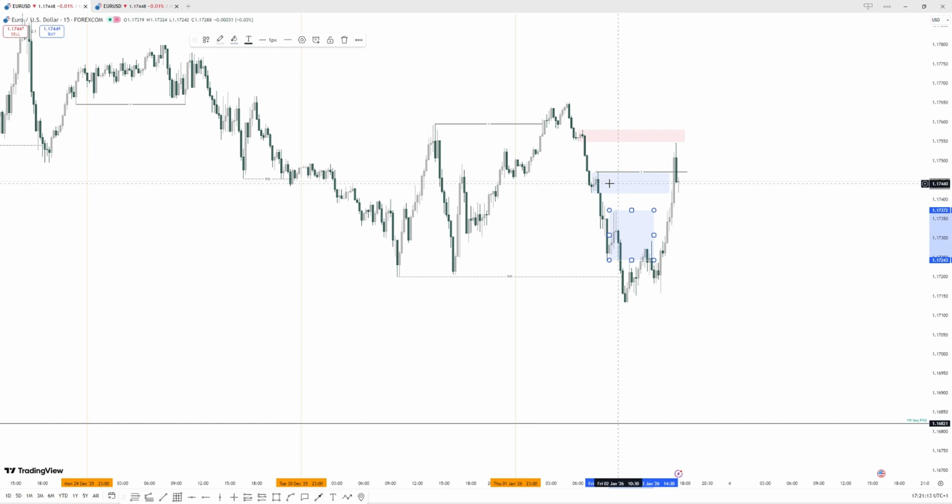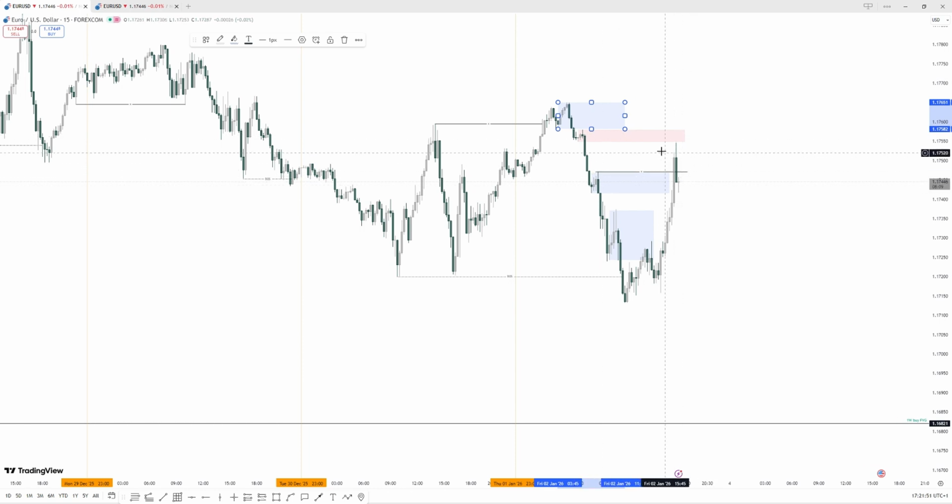So this second order flow, the one in the middle here, has not been mitigated, but it's serving as an inducement to this extreme order flow here. Now, there's another one, the most extreme order flow. Look at this one. But it has been mitigated by this very small pullback here. So this unmitigated order flow here has not been mitigated, right? But it's kind of an inducement into this unmitigated order flow.